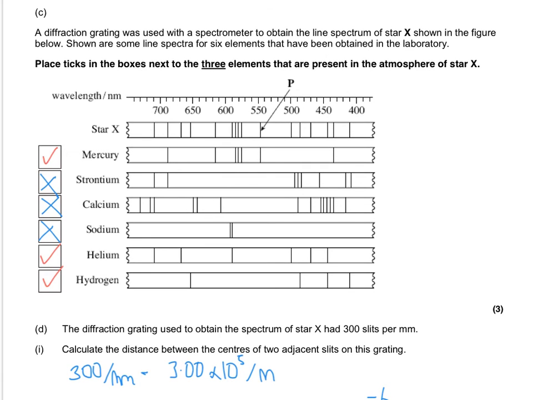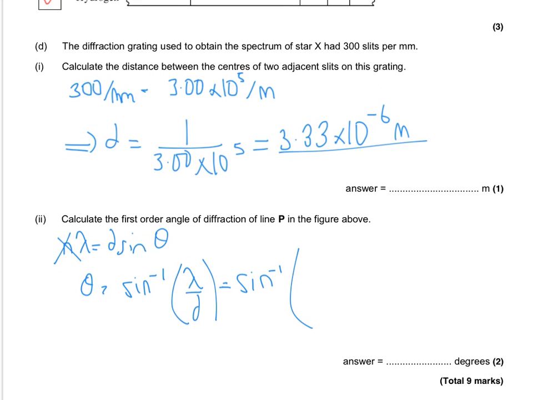Each of these is 10, so it's halfway between 40 and 50, so let's say it's 545 times 10 to the minus 9, divided by 3.3, not using the rounded version, times 10 to the minus 6.